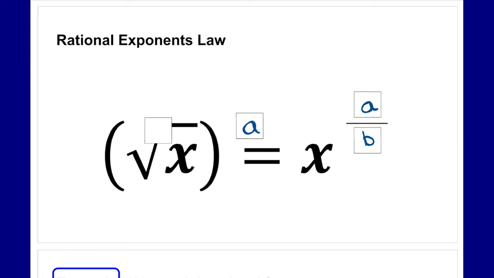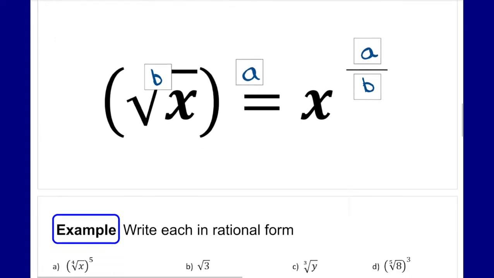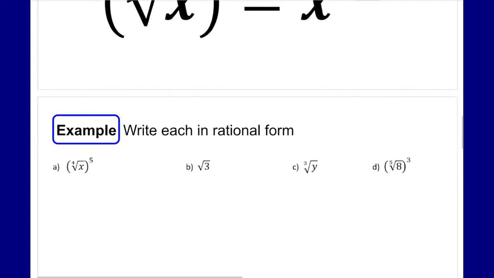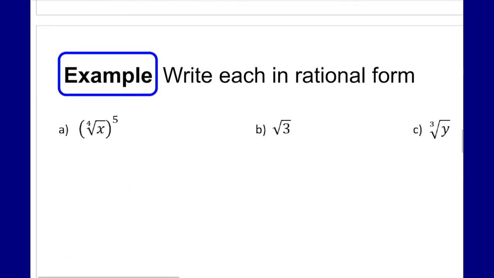B, the denominator, tells us what root we're dealing with, so it goes in front of our root symbol. That's all it takes to convert: we take the numerator and the denominator of our rational exponent and split them up into two parts on our radical.